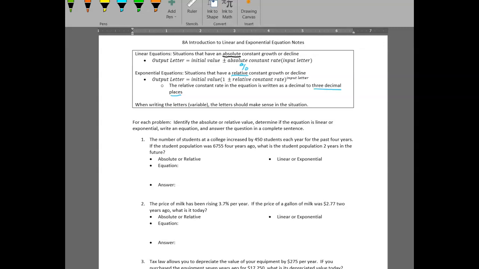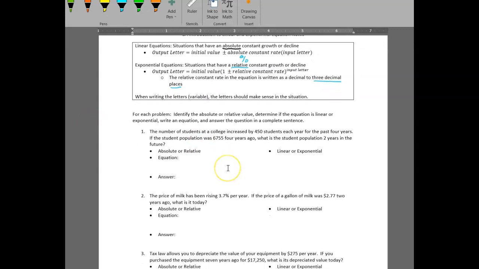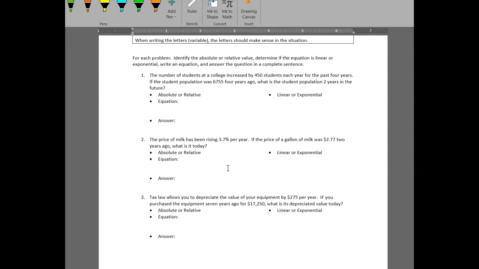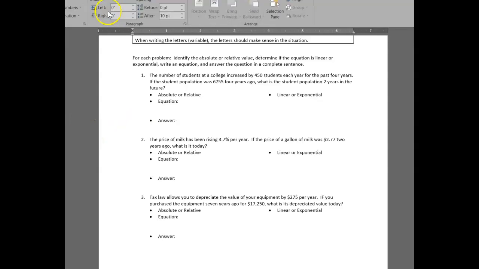Okay, so we're going to look at several of these problems to see what's being asked. For each problem, identify whether it's absolute or relative. Let's do that first. The number of students at a college increases by 450 students.